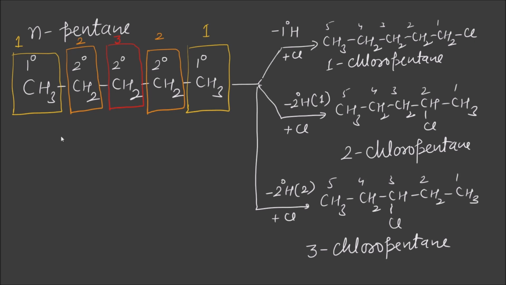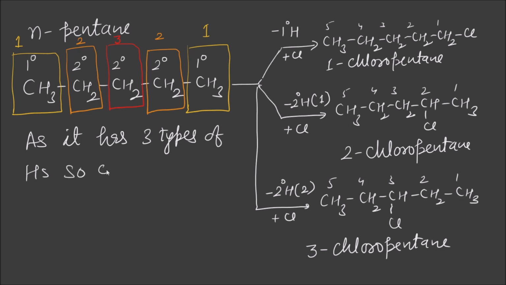So normal pentane will give 3 monochloro derivatives because it has three types of hydrogens. Monochlorination means addition of one chlorine.